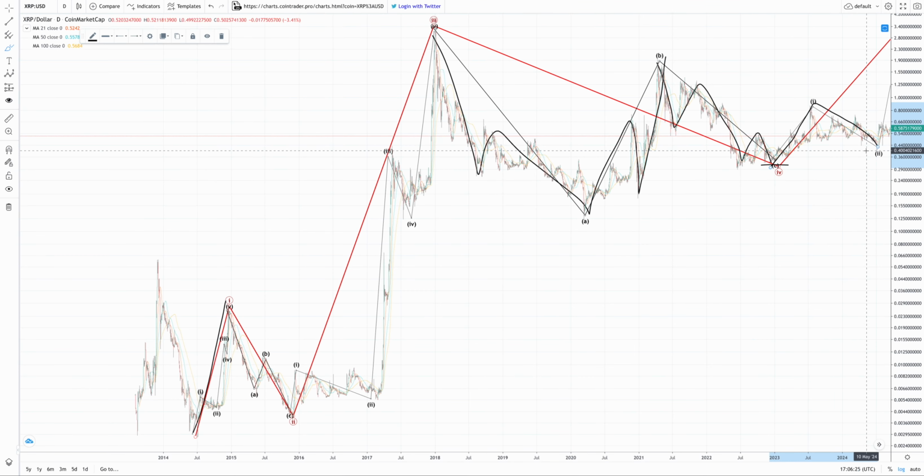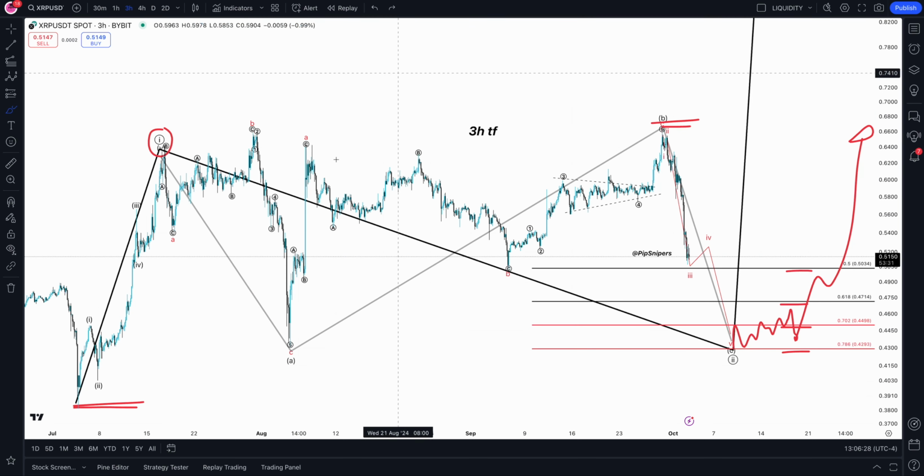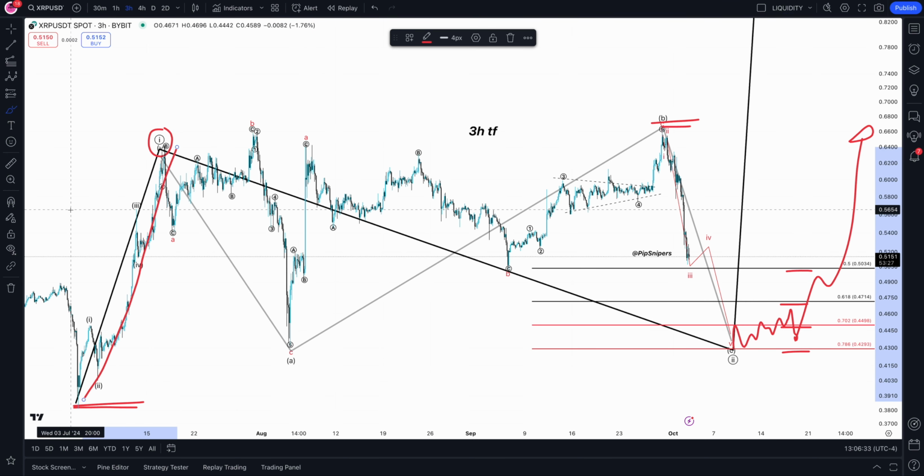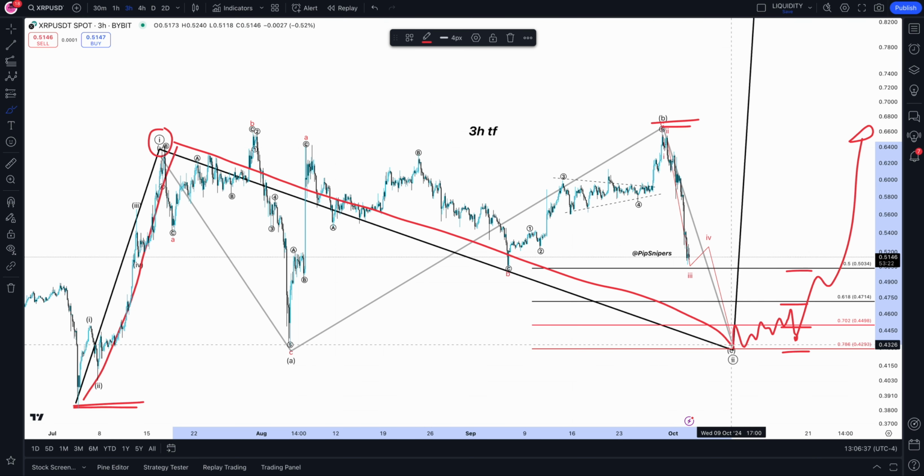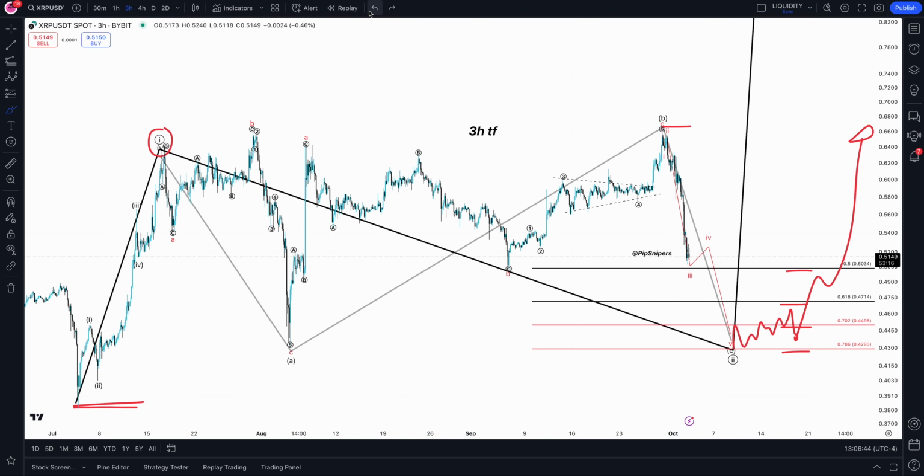So you could say that we're currently within wave 3 of 5, and we've completed wave 1 of 3, and we're about to complete wave 2 of 3, right? So we'll definitely have to alter the waves as the price develops because the market does change, right?